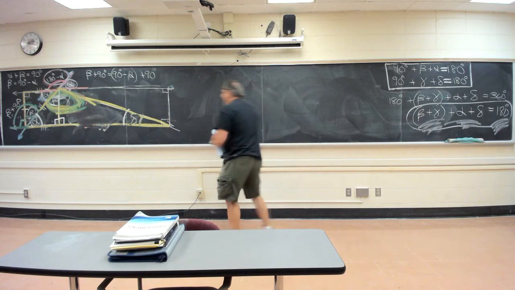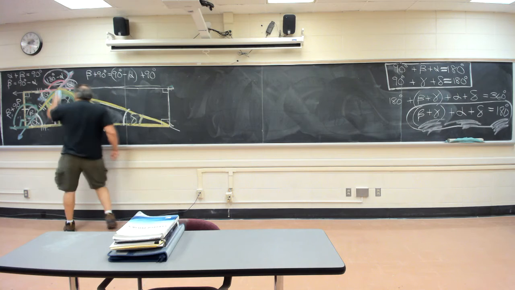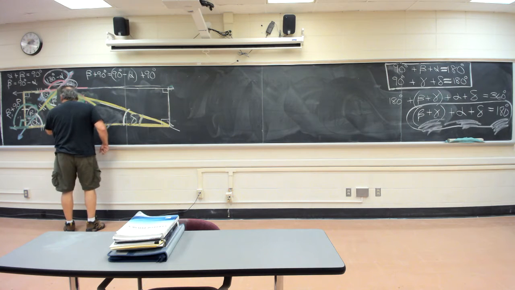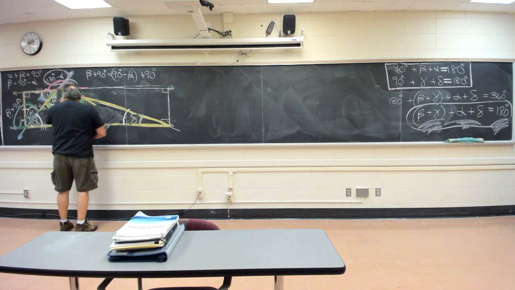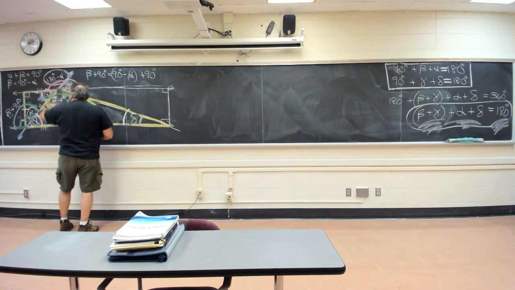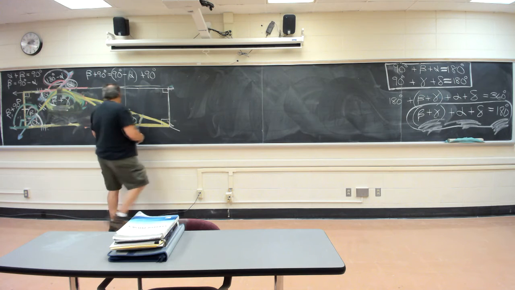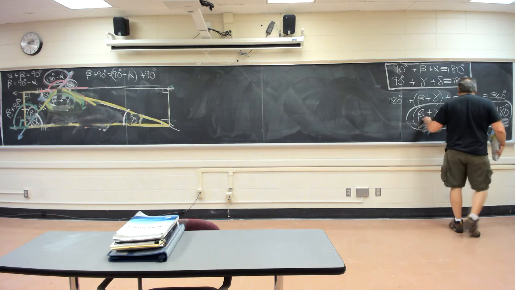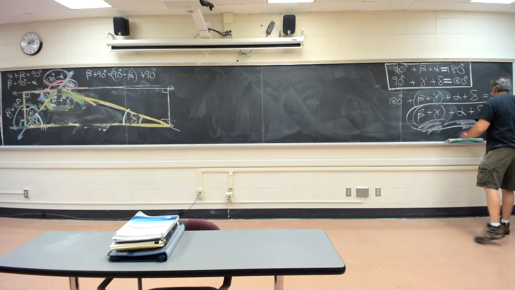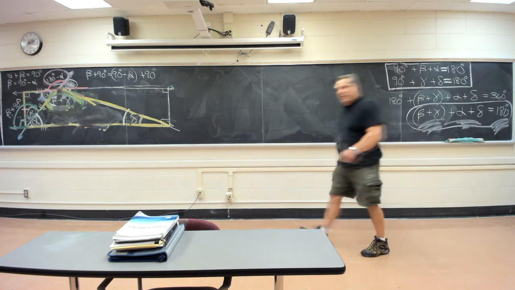I tell you what, let's take the artistic license. Here's beta plus gamma, whatever it is. Here's alpha. Here's delta. You add them together, you get 180 degrees.